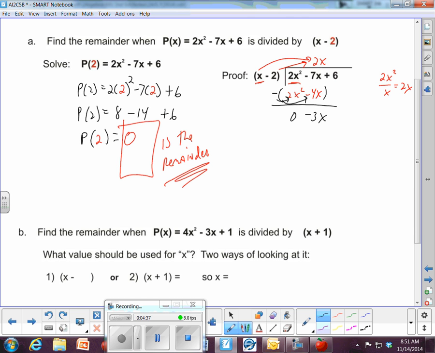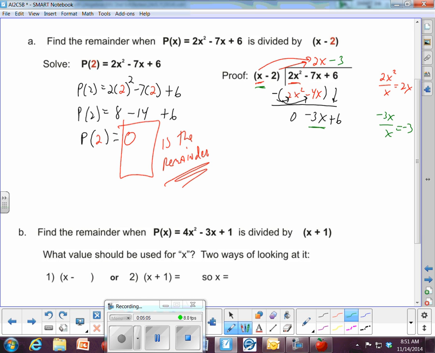Long division. And if you remember, we're bringing down our 6 now. And how do you figure out what else to put up top? Again, the front, the negative 3x divided by the front, the x. And that's a negative 3, right? First term always divided by the first term.